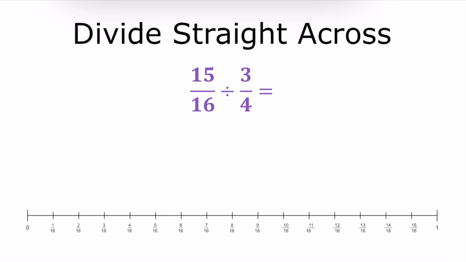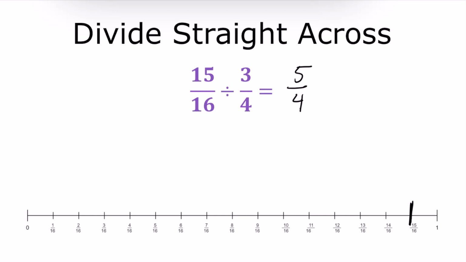Another example where you don't have the same denominator might be one like this. So if we divide straight across and we say, well, 15 divided by 3 is 5, 16 divided by 4 is 4, we get the answer 5/4. And this makes sense because if we have 15/16, that's this mark right here.